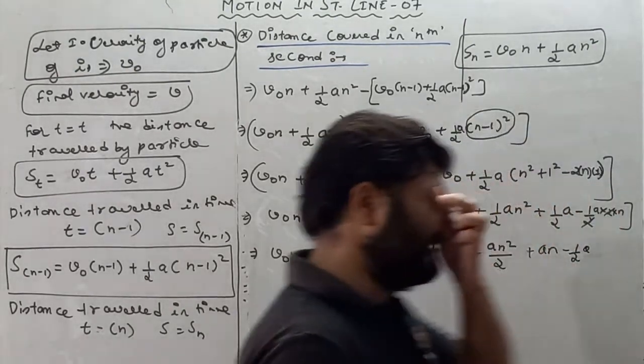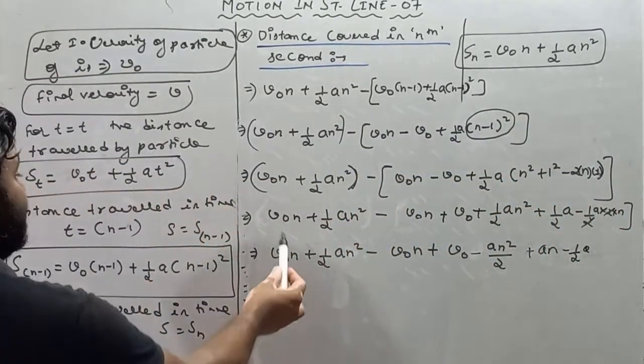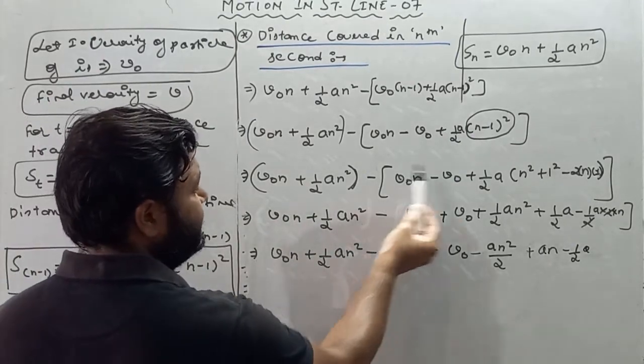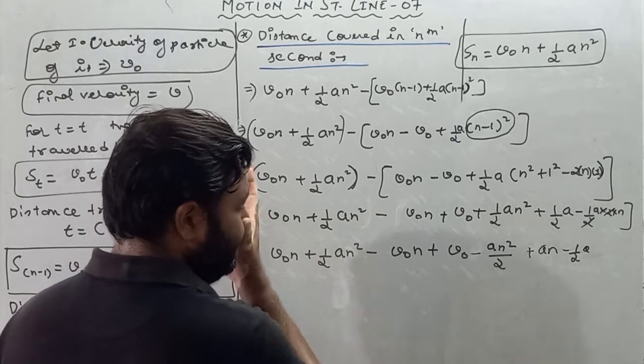I hope you all understand how we'll get this. This is v naught n plus half a n square minus, we'll take the minus inside.